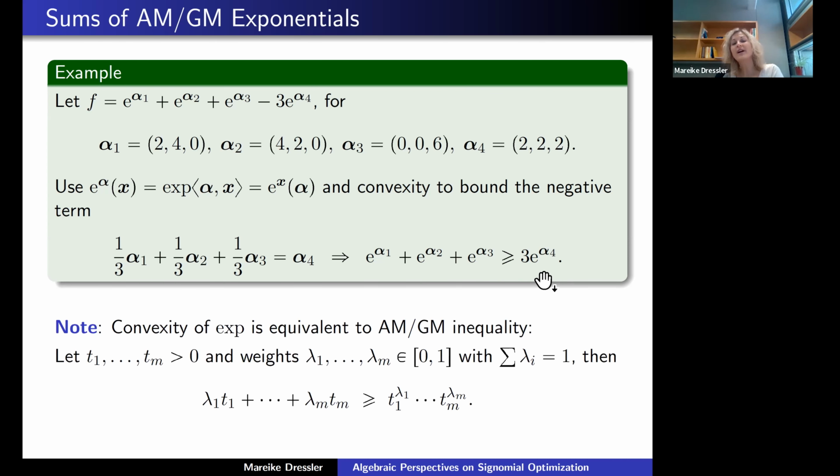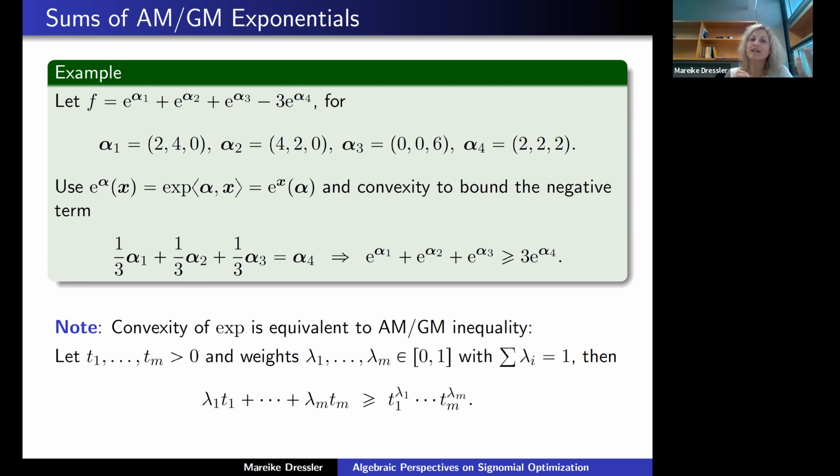Historically, note that convexity of the exponential function is basically equivalent to the well-known AM-GM inequality. That's also where the name comes from. Here is a reminder of what the AM-GM inequality was, or rather its weighted form.